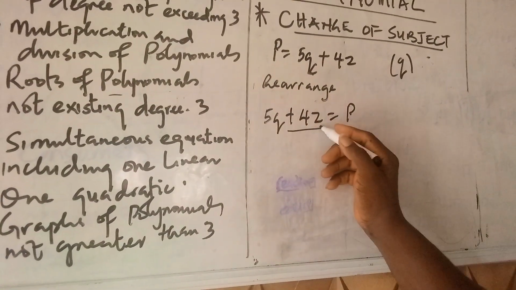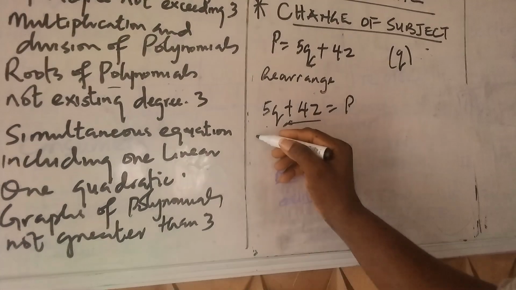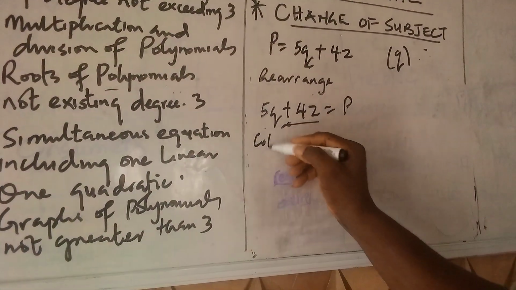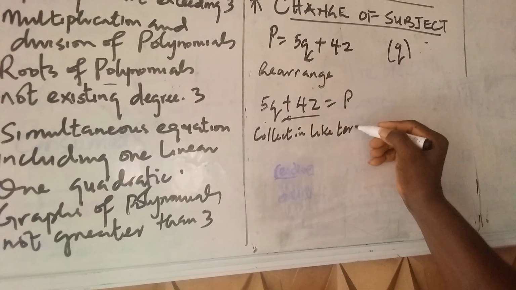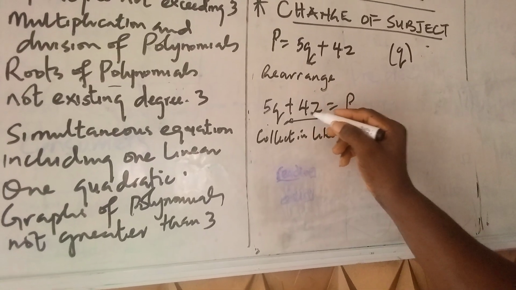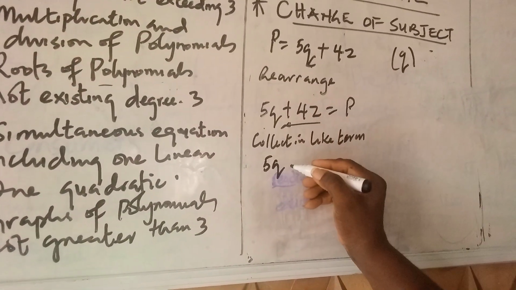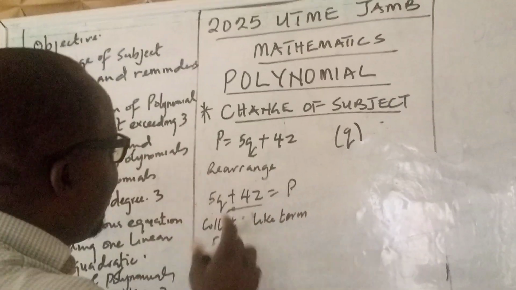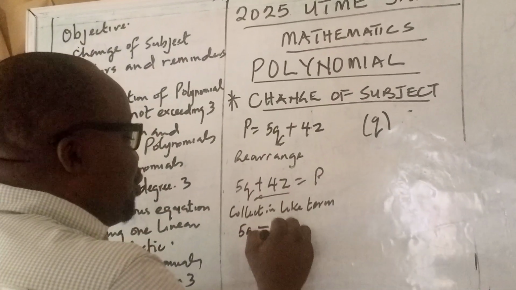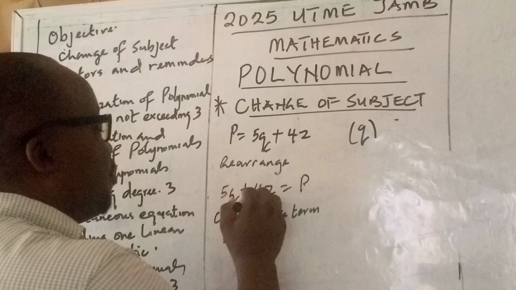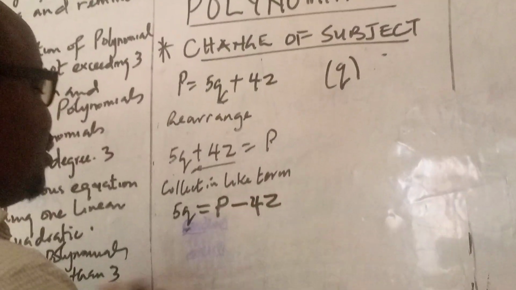Now 4Z is not with Q, so I collect like terms, meaning I want to move this plus 4Z away. 5Q will now be equal to P minus 4Z, when plus 4Z moves to this side and becomes minus 4Z.